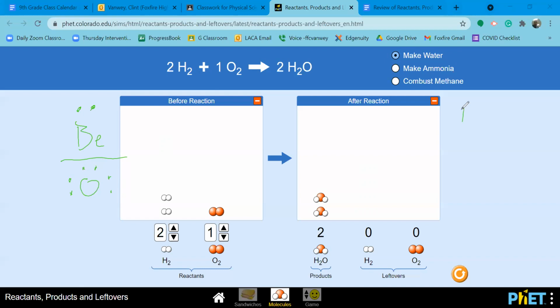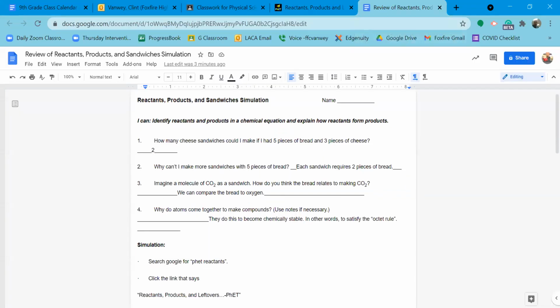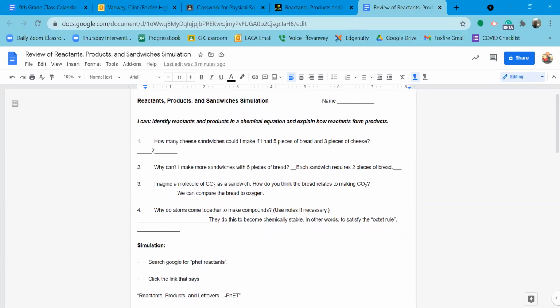So for beryllium and oxygen, it would be a 1 to 1, right? So it sort of depends on the octets. And now don't worry, we're not going to be drawing a whole lot more dot diagrams, but it's enough to know that the rules for these ratios come directly from the octet rule that we've already learned. That's all we need to know, okay? All right. So hopefully that clears up how to make a cheese sandwich.